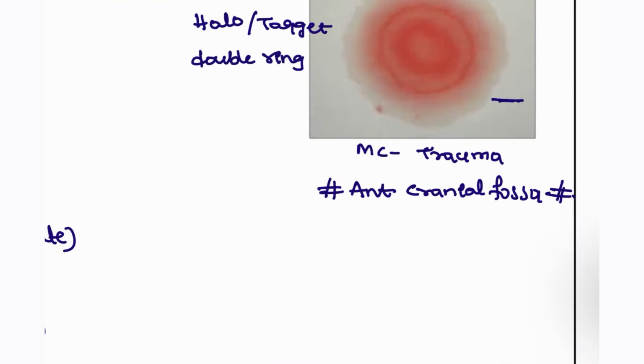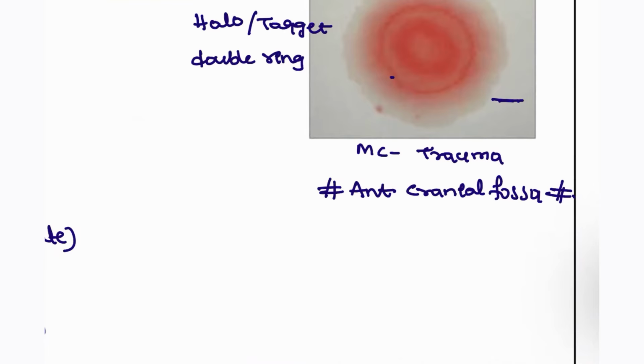So what is this sign known as, guys? Halo sign, which is also known as the target double ring sign. So this is the pale, okay, this is the blood.